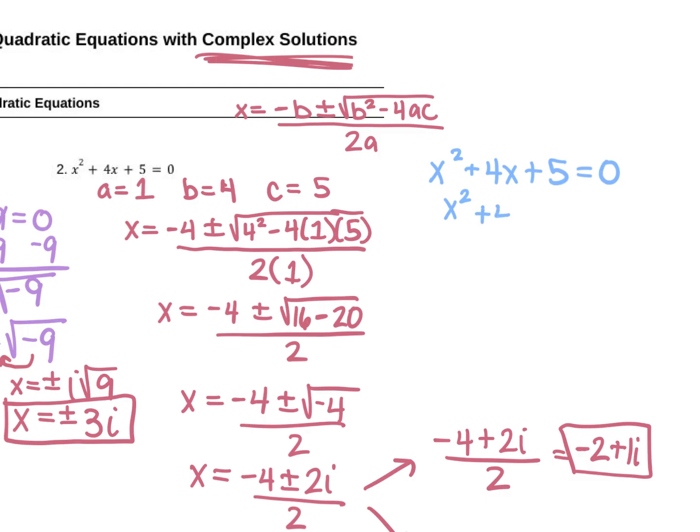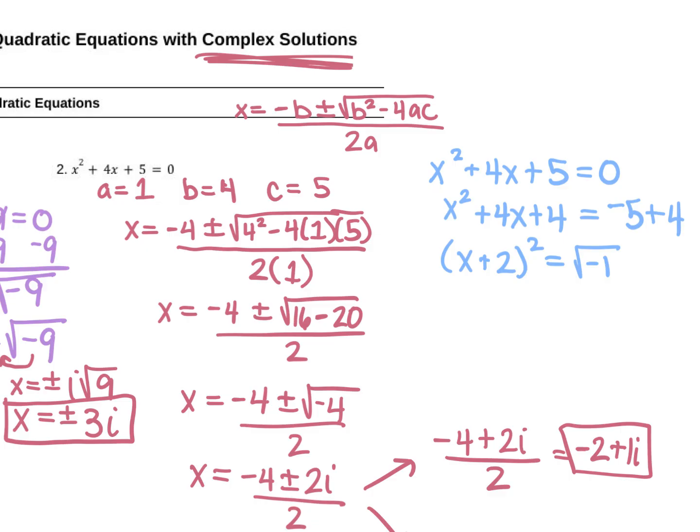So we're going to add 4. And that'd be a -5 plus 4 if you move it. Okay, so then we factor. So we have x plus 2 squared equals the square root of -1. So there's our 1i, right?